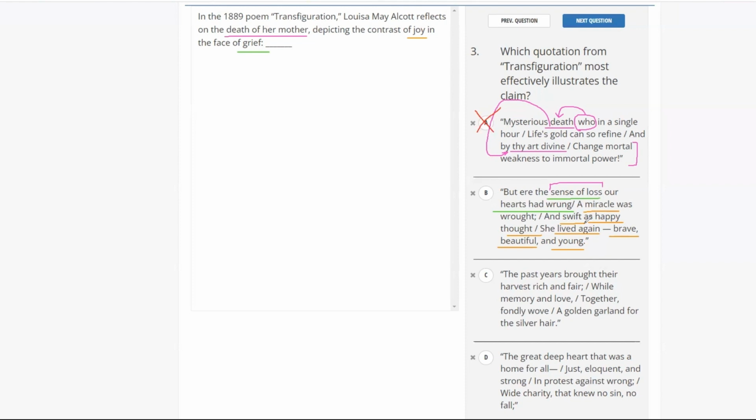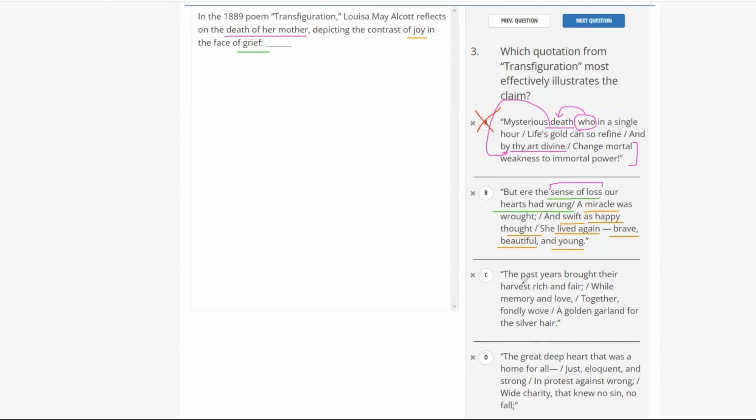But we don't want to select an answer choice without looking at all four options. So let's move on to choice C. Choice C. The past years brought their harvest rich and fair, while memory and love together fondly wove a golden garland for the silver hair.